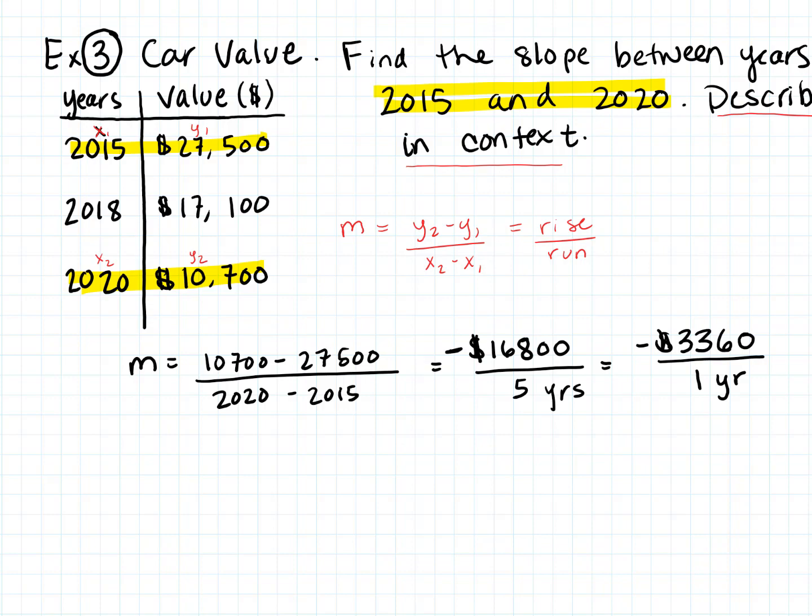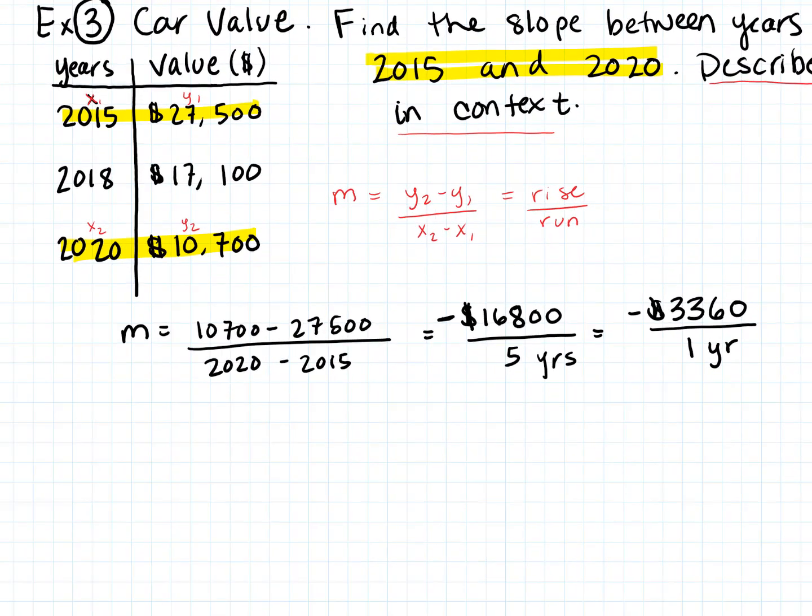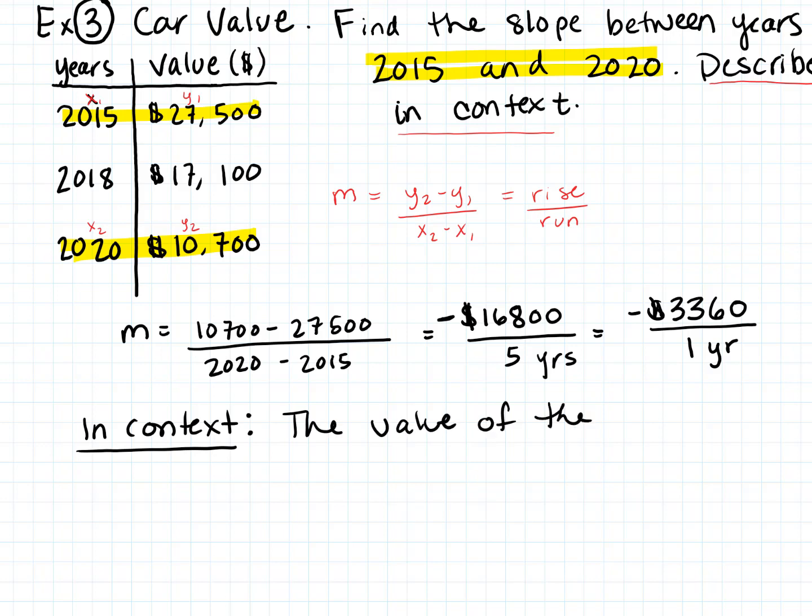So if we're going to talk about this in context, we would have a sentence that says something about what's happening to the value of the car. So in context. And for this one, of course, if this had come out in dollars and cents, we would have some decimals. But this one actually came out as a whole number. So in context, we would say this: the value of the car is decreasing.